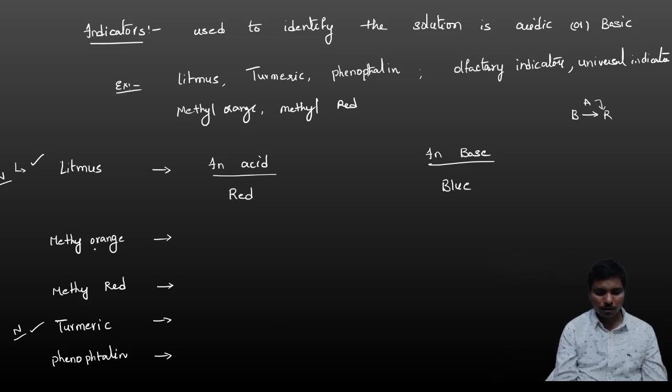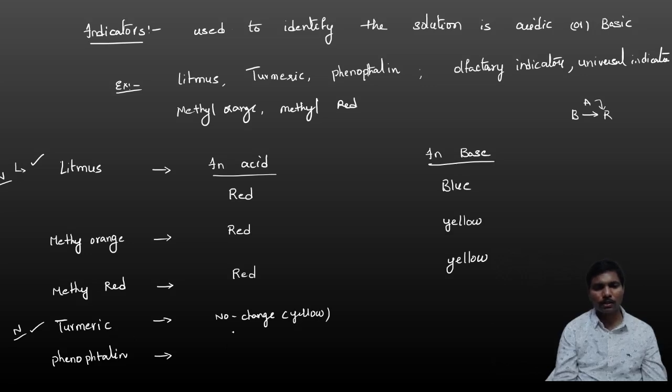In case of methyl orange and methyl red, in acidic solution they become red. In case of base, they become yellow. In acidic, the turmeric shows no change. No change means it stays yellow.